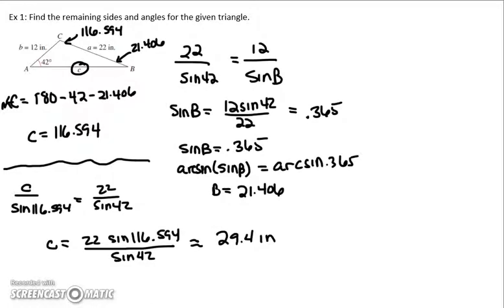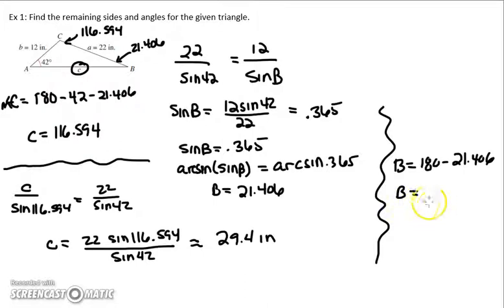So if we look back here, when we got sine of B equals 0.365, so arc sine of that, we got B is equal to 21.406 degrees. If we were to try to find that other angle that could possibly work, we would have to say, well, B could also equal 180 minus that 21.406. So B could also potentially be 158.594.